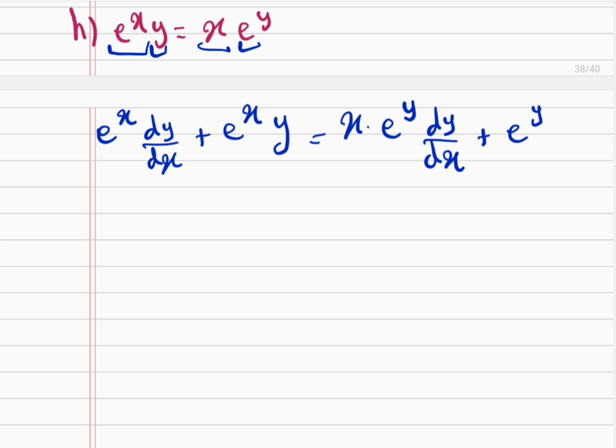Again, it's now some more algebra just to rearrange this.